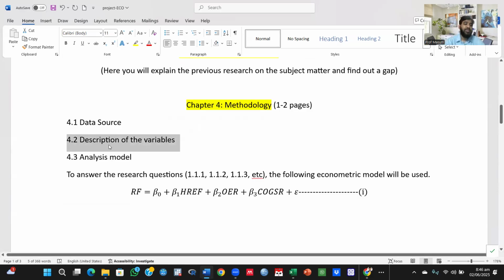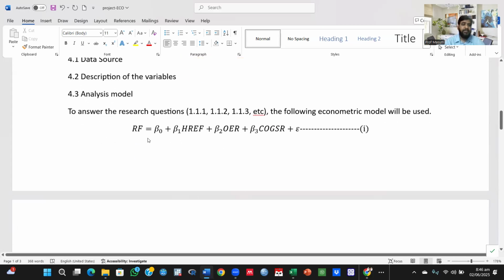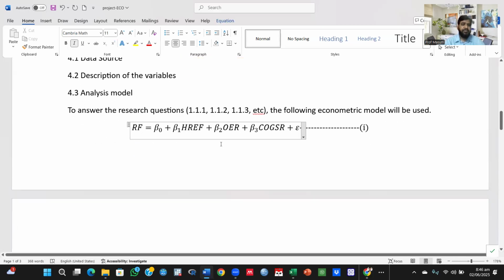Now, what are the variables you are going to take? You will describe here. Say, for example, your model will tell you what are the variables you are going to use.